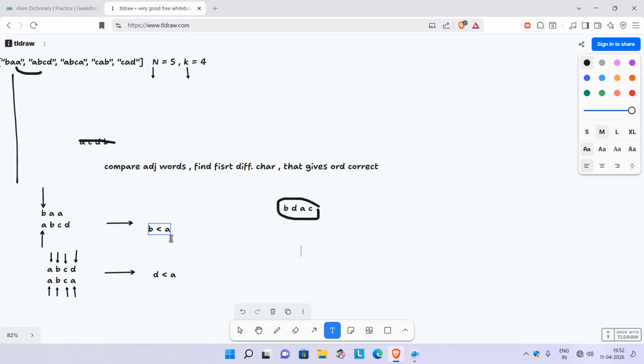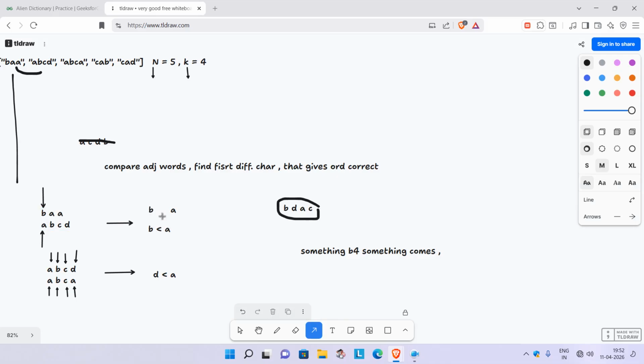Whenever the question says some things come before something, we have to compare this part. We see that B should come before A, so we can write B and A, and since B comes before A, there must be a directed edge between them.